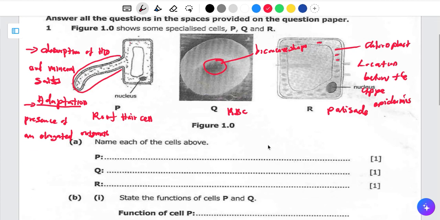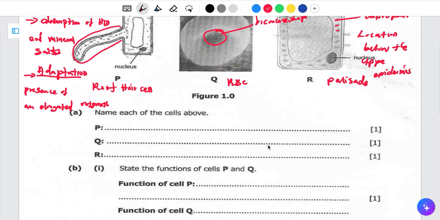So let's try to answer now. We have question A, which says name each of the cells above. We have P, which is the root hair cell, and Q, which is the red blood cell. Then for R, it's a palisade cell. Of course, it's a plant cell, but specifically it is a palisade cell.